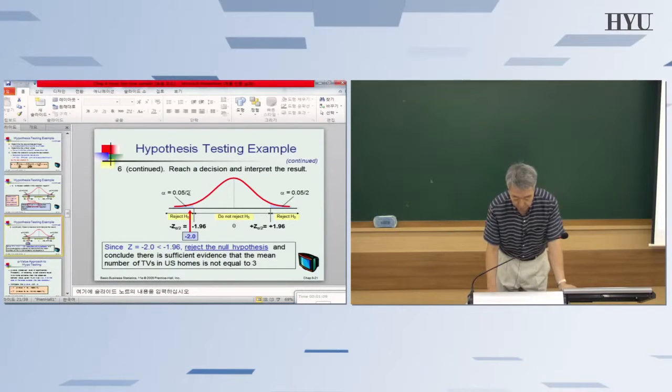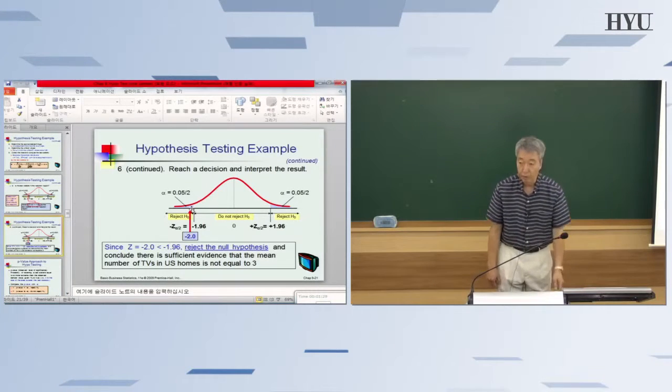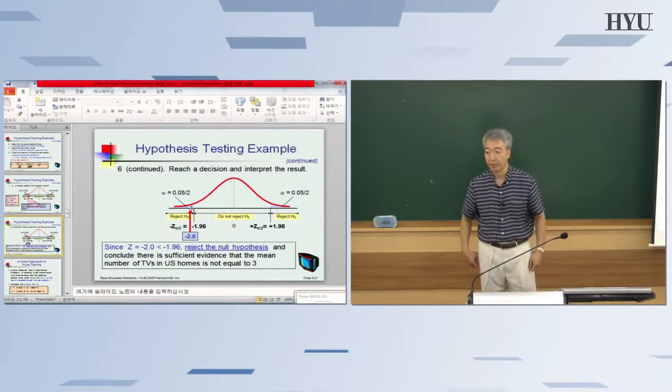Then you calculate your test statistic, and anytime your test statistic falls within the rejection region, like here, where it came out to be negative 2.0 and falls in the lower tail rejection region, you reject the null hypothesis.